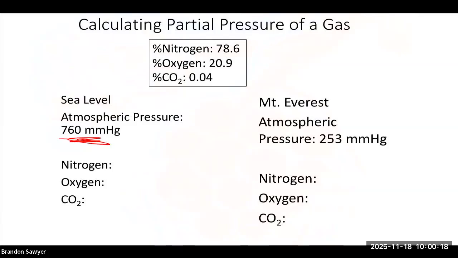You guys can check with each other, make sure you're on the same page when you get those calculations.